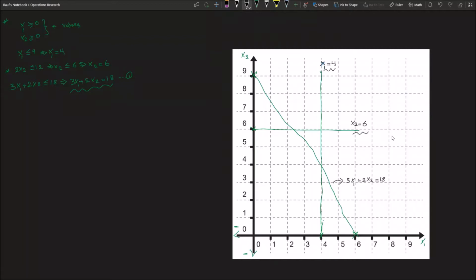So you can see the intersected common area between all those line equations is this area right here.